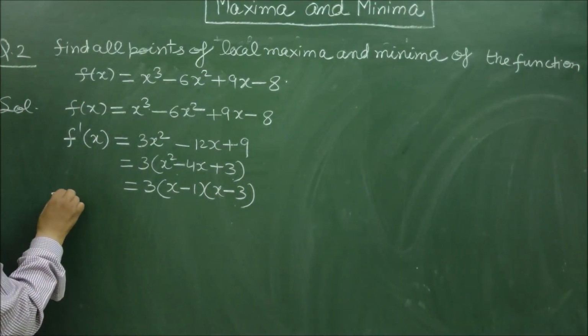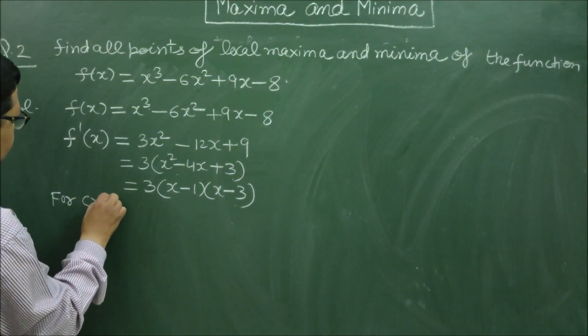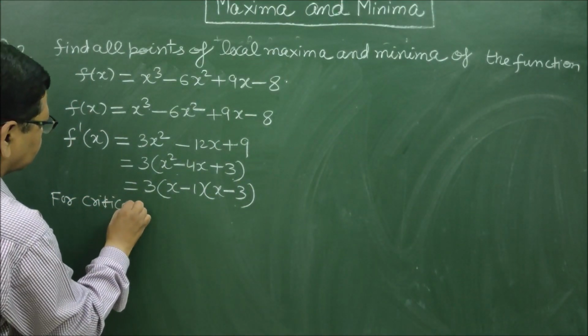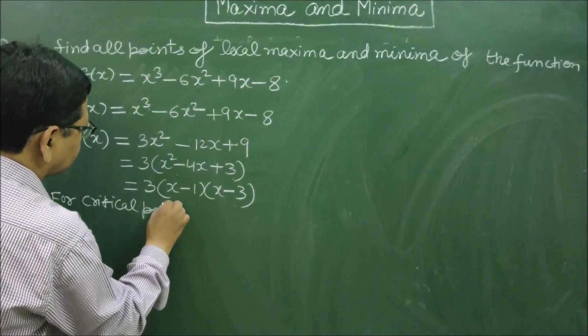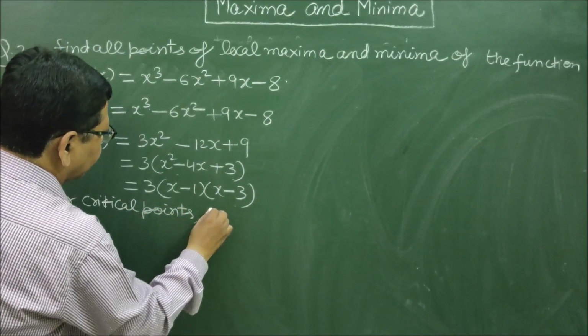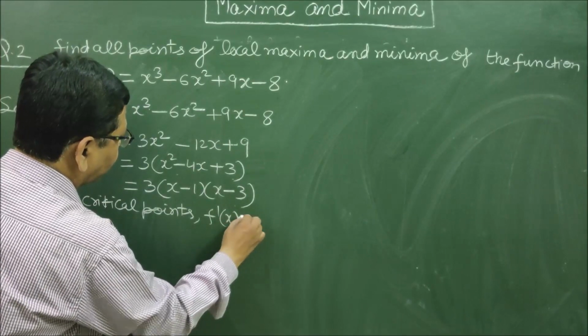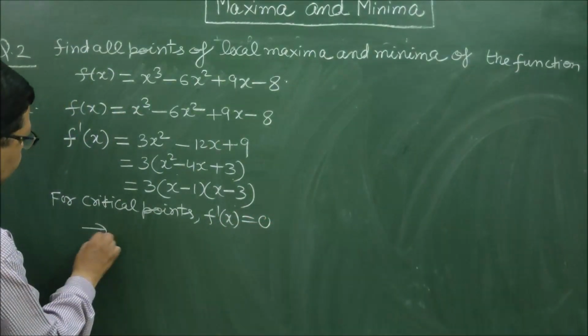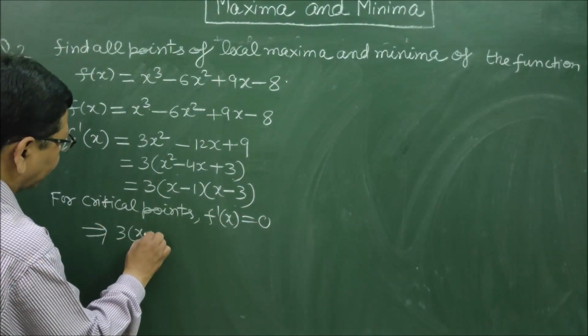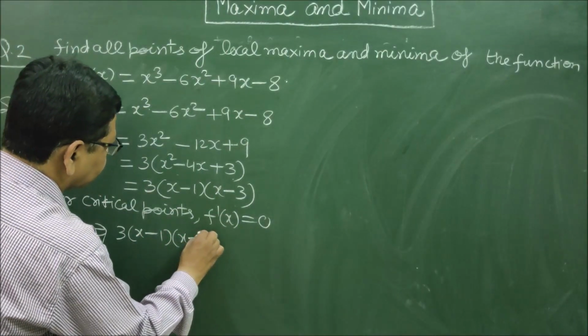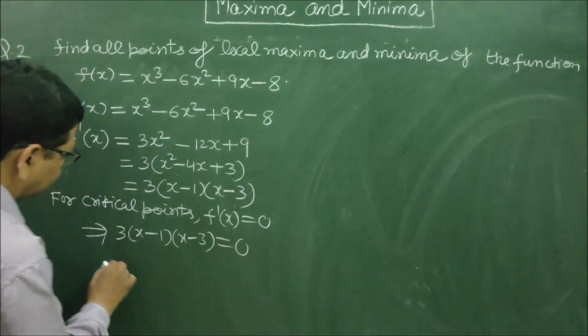For critical points, f dash x should be equal to 0. This implies that 3 into (x minus 1) into (x minus 3) is equal to 0.